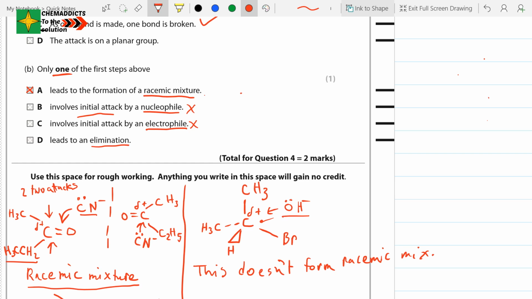Now let's move on to D. Since there is no electrophile, this is a nucleophile. So let's have a look at which is the nucleophile and which is the electrophile. A nucleophile is an electron pair donor. Electron-rich species are called nucleophiles because they have electrons.